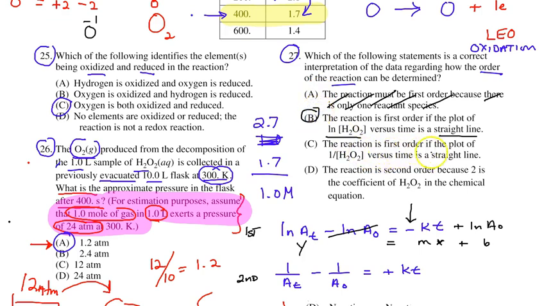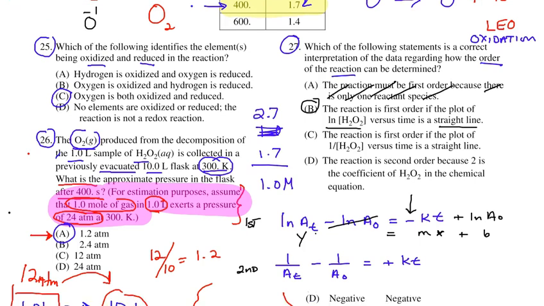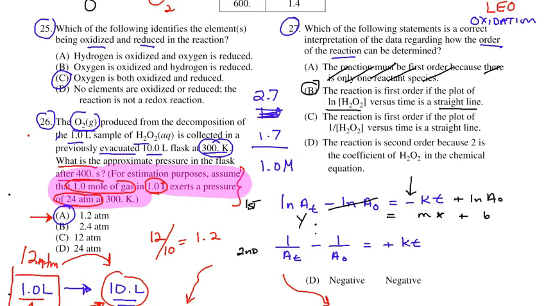The reaction is first order if it's 1 over A. That'd be second order. And for the reasons I've explained here, if I move this up a little bit, okay, if I add a positive 1 over A0 to both sides, that would cancel on the left-hand side and give you this. What do I have?